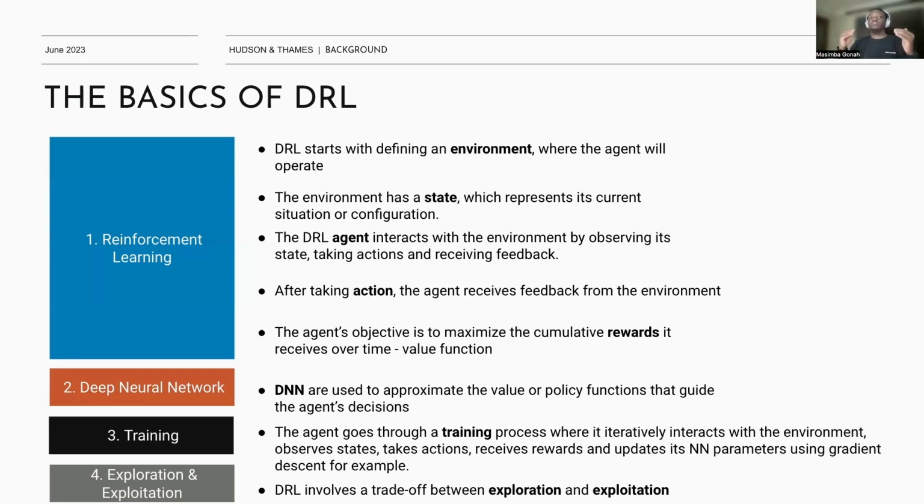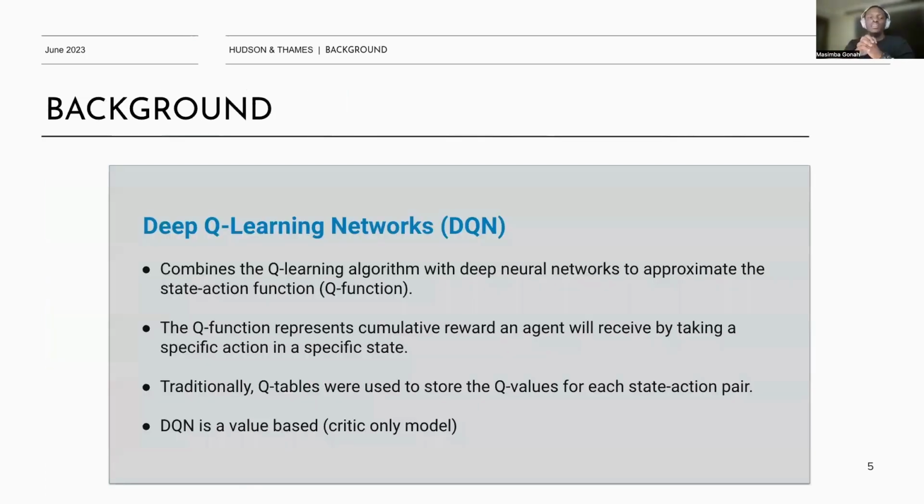Now, one of the most researched or most well-known agents is a Q learning function, which we'll talk about here. So we talked about deep reinforcement learning and how it is in the spectrum of the algorithmic trading space. And one of the most well-researched deep reinforcement learning algorithms is a Q learning algorithm, or rather deep Q learning algorithm.